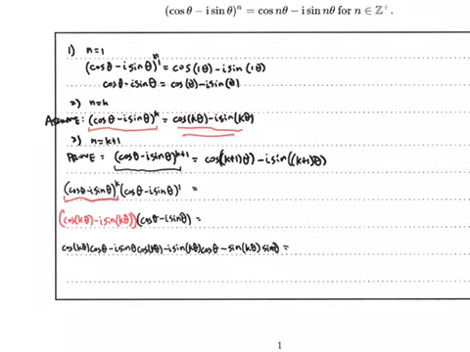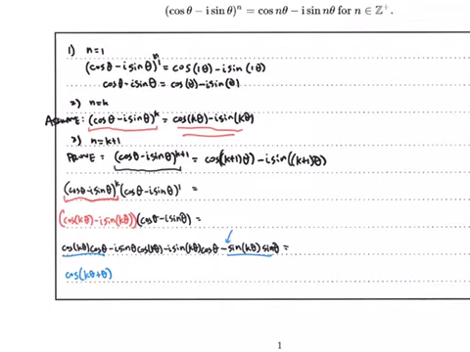All right, now I'm going to underline a couple of things here. I'm going to underline cosine k theta cosine theta minus sine k theta sine theta. And what that ends up being is cosine of k theta plus theta, right? Because if I expanded that, I'd get cosine k theta cosine theta minus sine k theta sine theta.